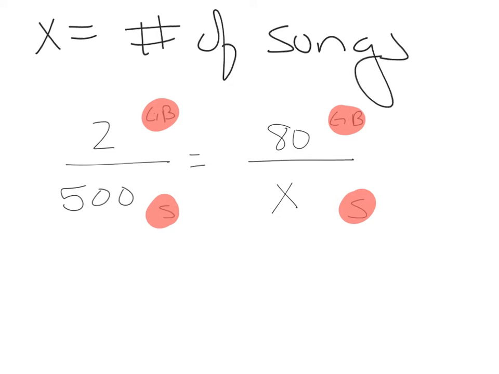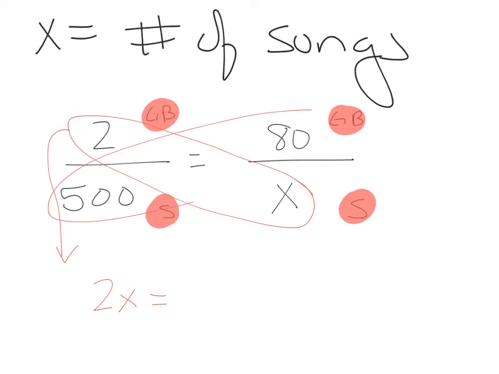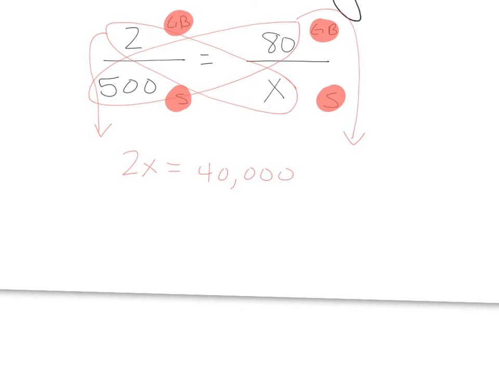So now we're going to go ahead and cross multiply the 2 and the x, and I get 2x, and I'm going to do 80 times 500 and get 40,000. Now divide by 2, and x equals 20,000.